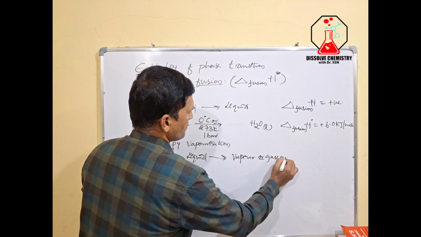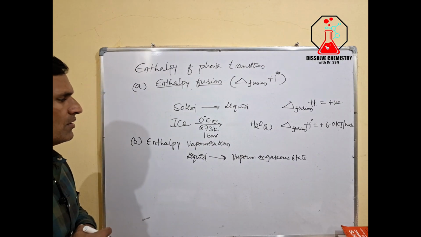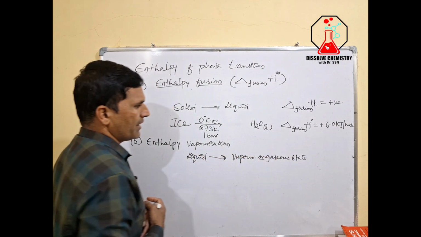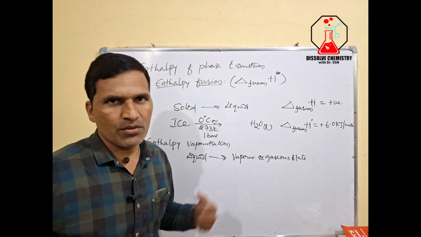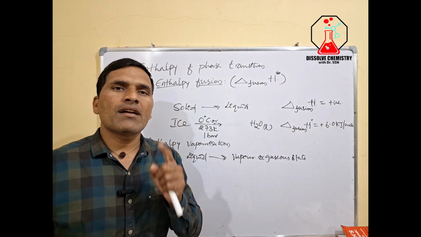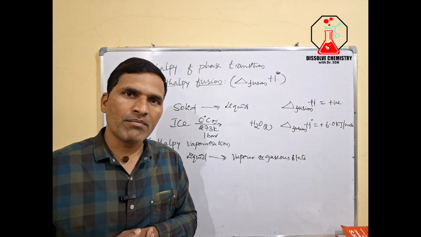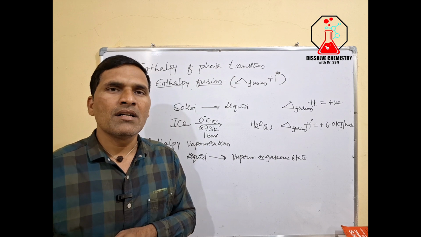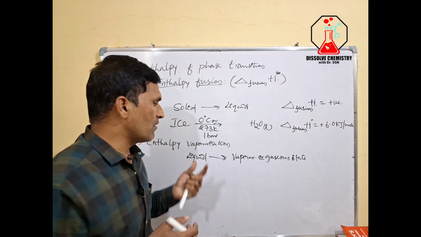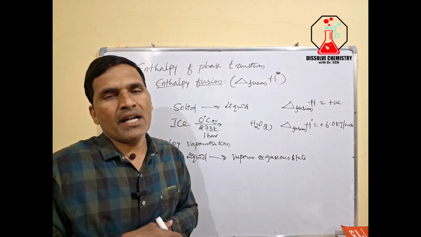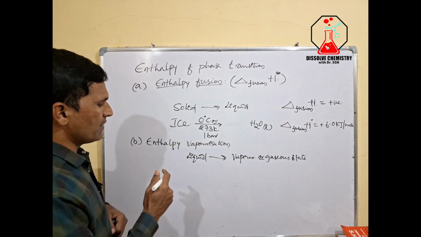Whatever amount of energy is absorbed, it is also an endothermic process, at a constant temperature, which should be its boiling point, and at atmospheric pressure. Whatever heat is absorbed to convert this liquid into vapor form, we call the enthalpy of vaporization. Let us consider an example.